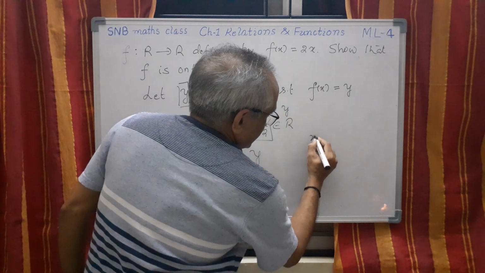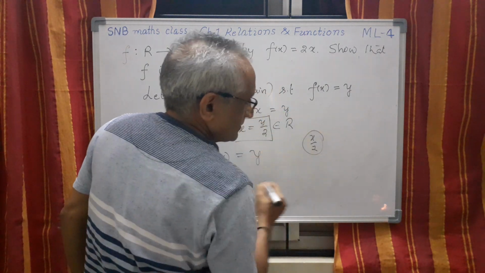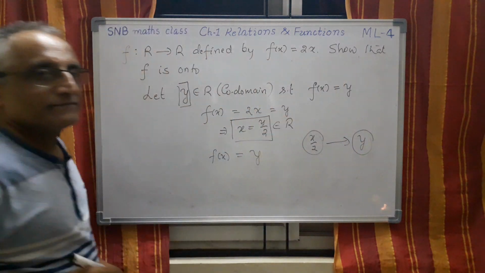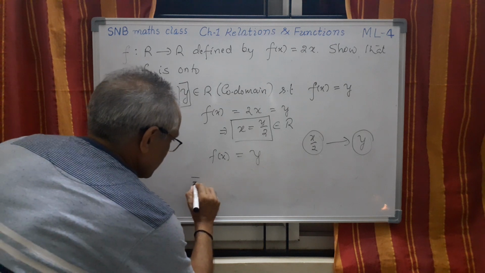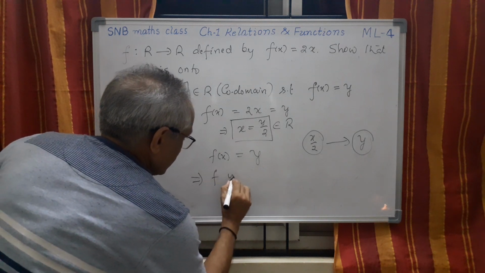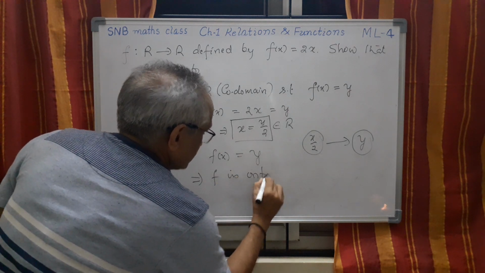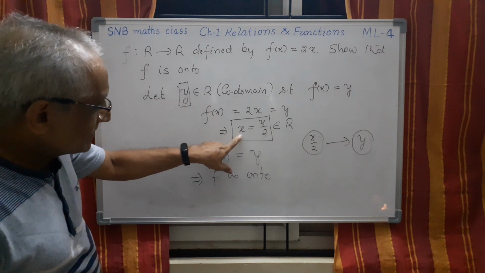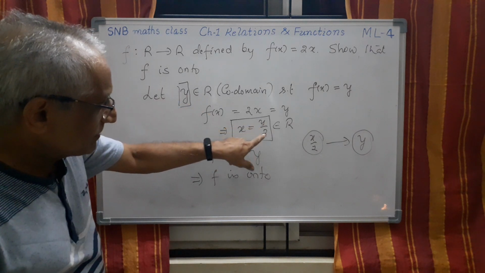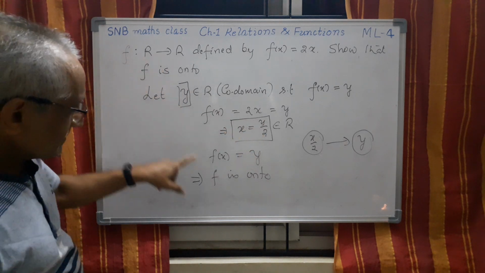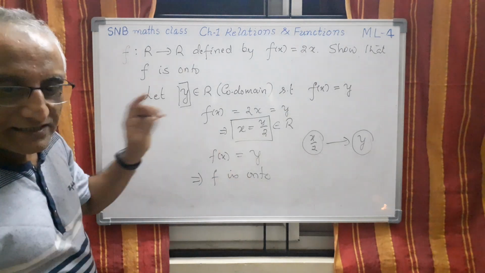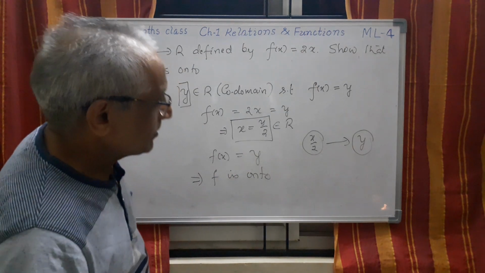That means this real number y by 2 is going to y, where y is the image. So this proves f is onto, because for every element y belonging to R, there is a pre-image x equal to y by 2, which is here, that is f of x equals y. So f is onto. This is the way of proving onto.